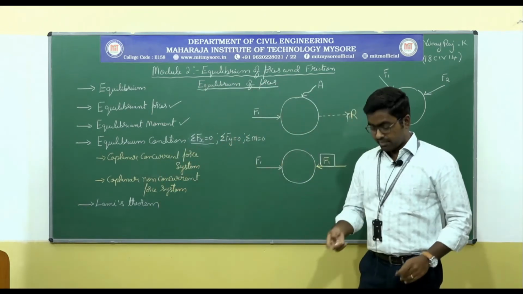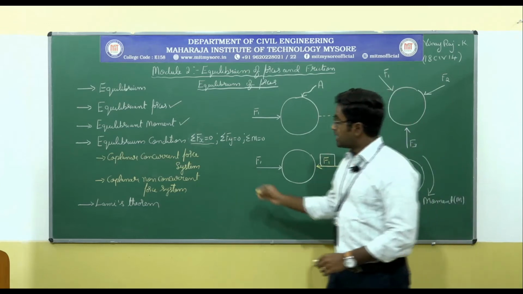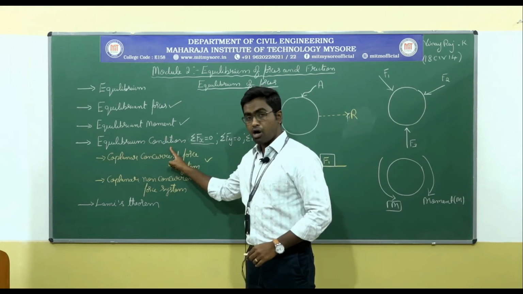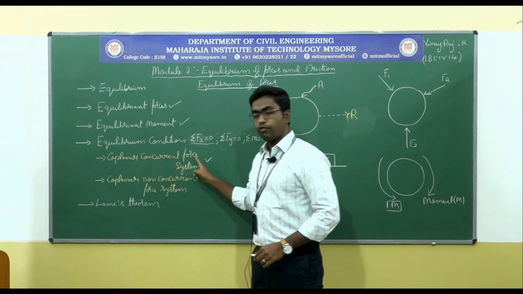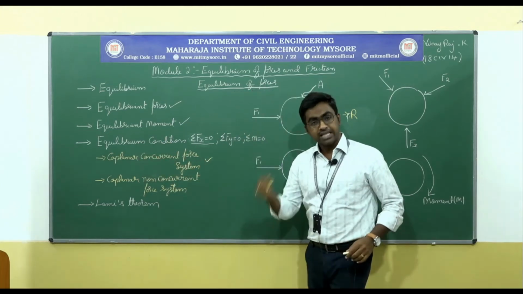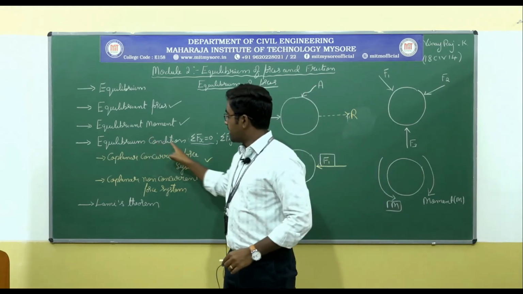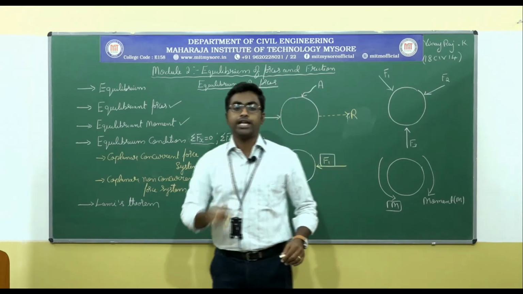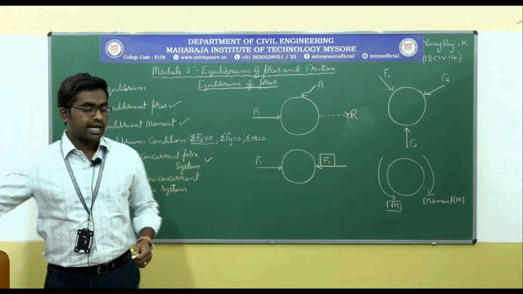So in equilibrium conditions, there are two things. The first one is called equilibrium condition for coplanar concurrent force system. The second one is equilibrium condition for coplanar non-concurrent force system. There are two things, right? Let us understand what it is.